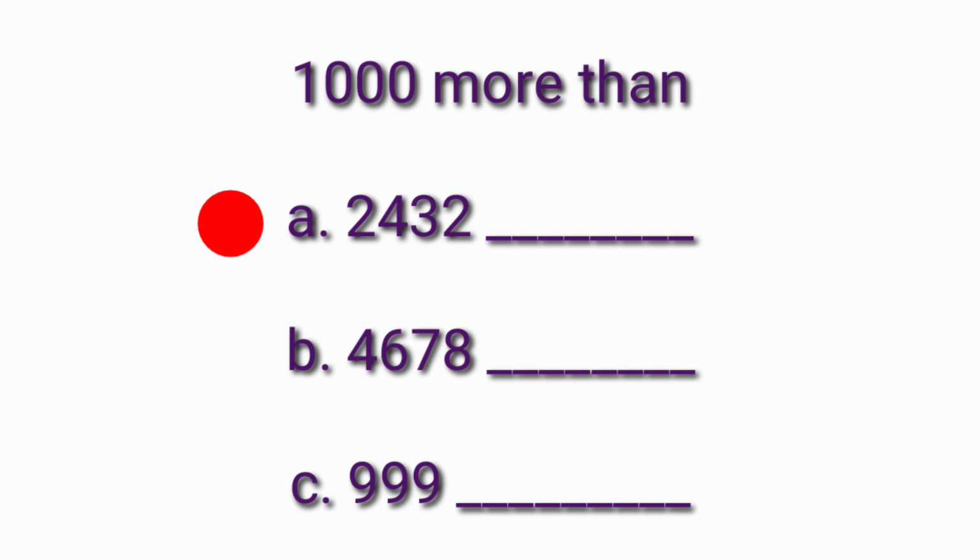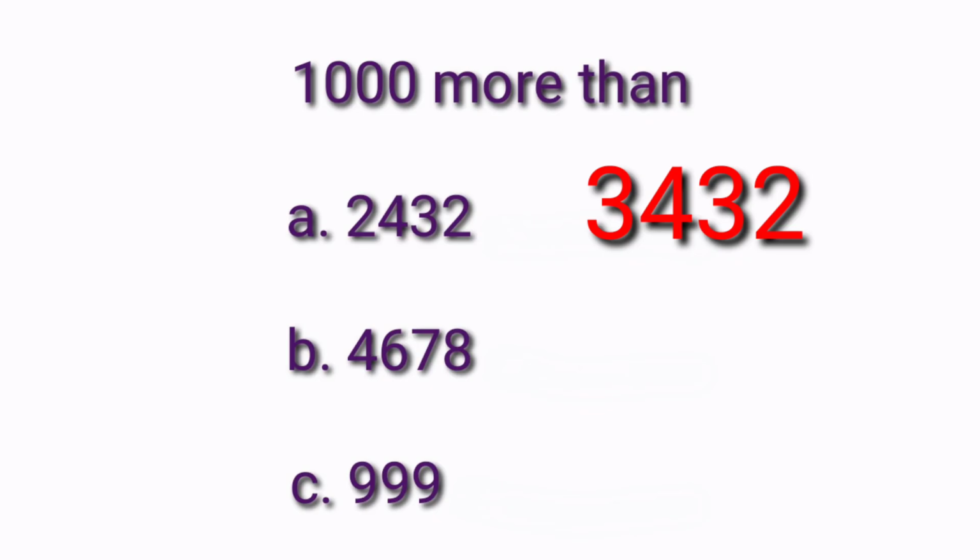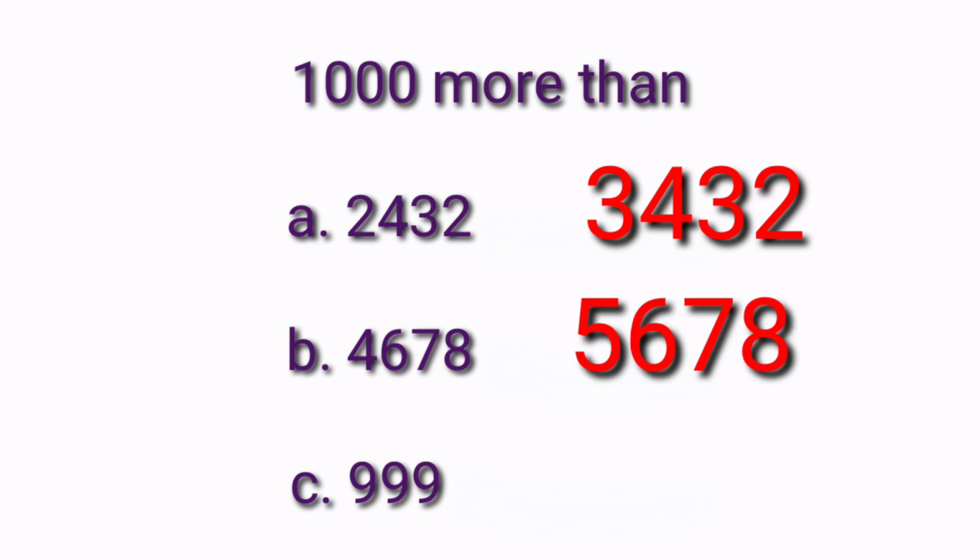If we add 1000 to this number, we get 3432. Next one 4678. Just we add 1000, we get the next number 5678.